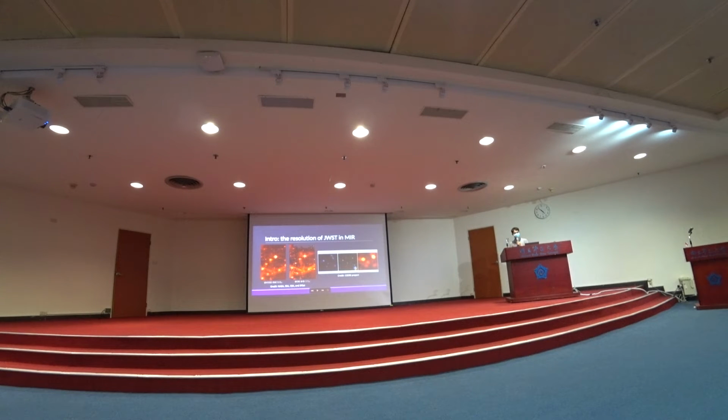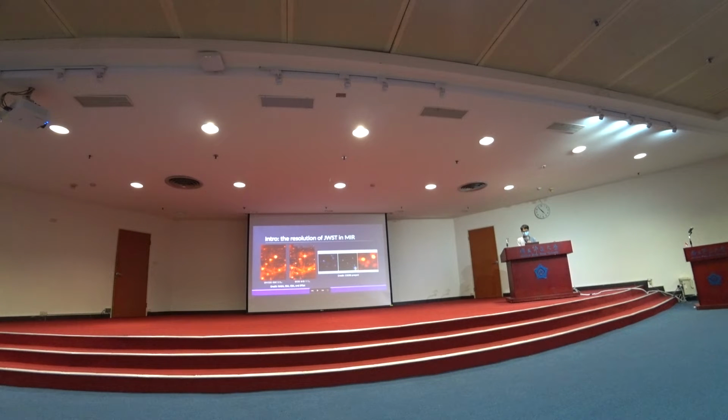You can see in these two figures, if we just use Spitzer's image to count the galaxy, we miss many of them because they are so blurred. So I need to use the JWST image to count the galaxies in those images to obtain the many galaxies we missed before.